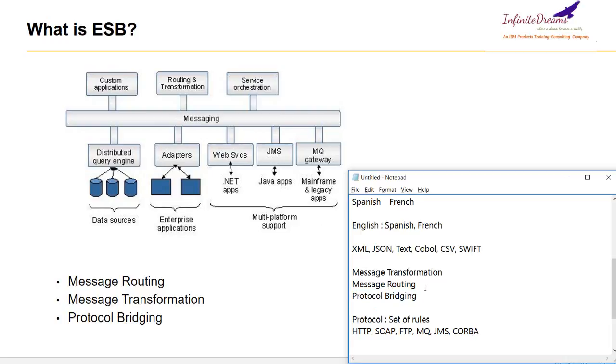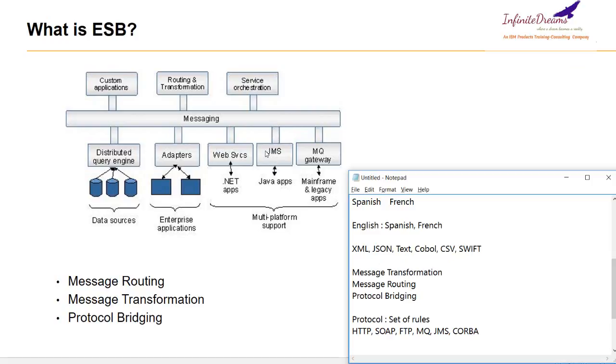In this case the ESB will say no problem, you deliver the message using the SOAP protocol, I understand SOAP, I will receive your message, and if needed I will do the message transformation from one message format to another. After that, I know this system receives messages in JMS and I know JMS too, so I will put that message in the JMS protocol and deliver it to this person.